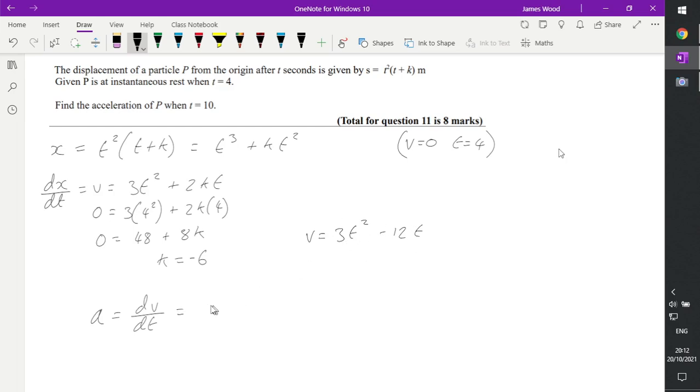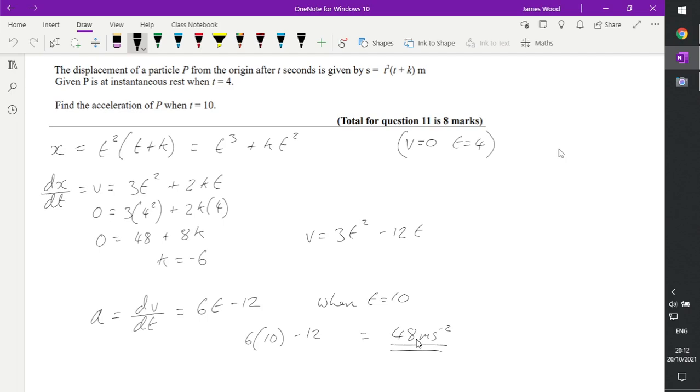So I'm going to differentiate this, so that'll be 6t minus 12, and then we want it when t is 10, so you can substitute that in. So that's 60 minus 12, which is 48 meters per second squared, would be my final answer there.